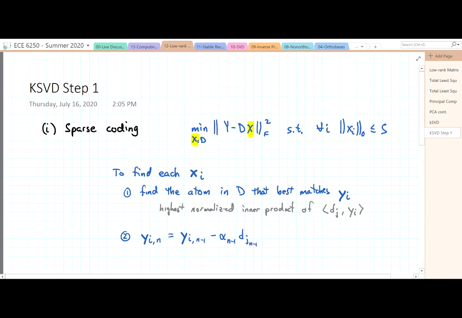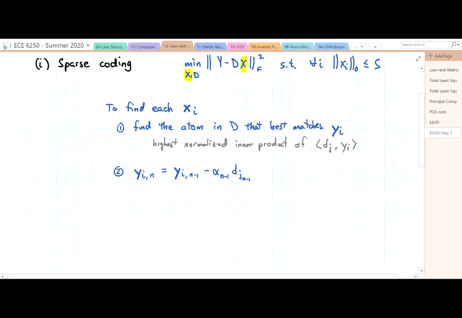So let's add in a little more notation here. I should have given myself a little bit more room. Let's do this. Scoot this down.